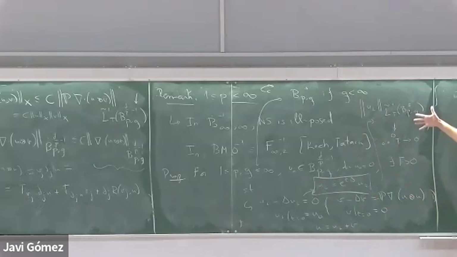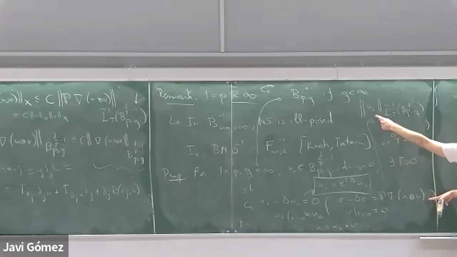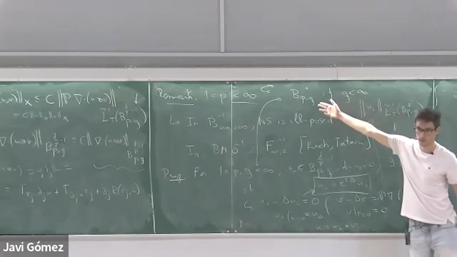So you need to prove this, and once you have this, all the rest is to do a fixed point argument in this equation. And of course, from here, you will have some terms that only depend on this value that you can make small.